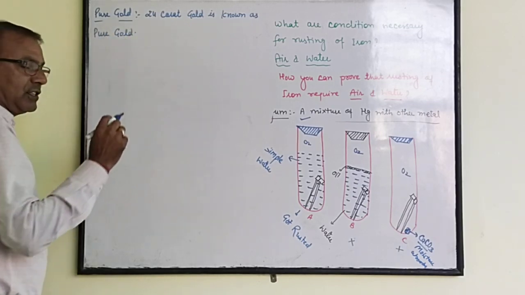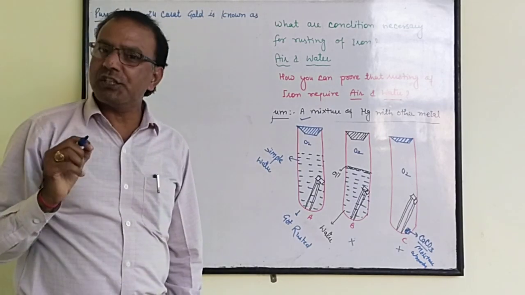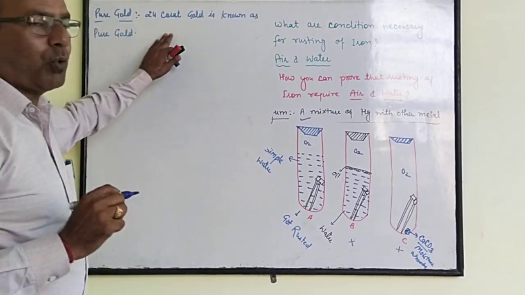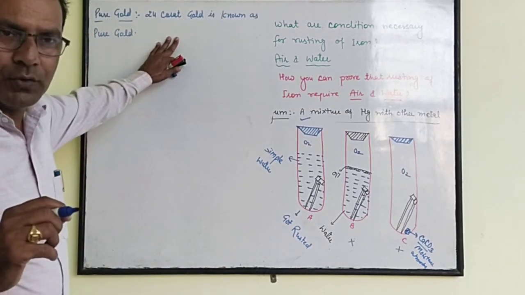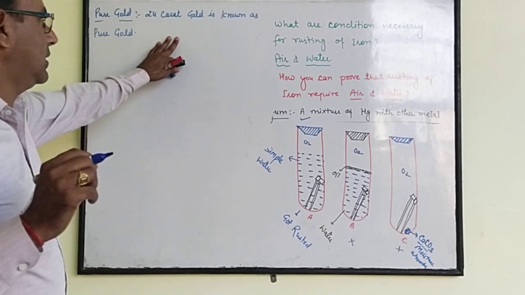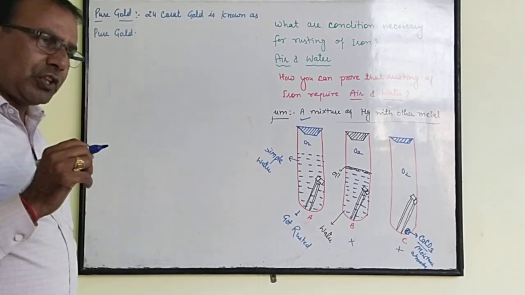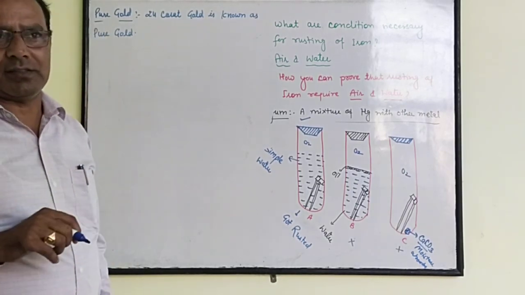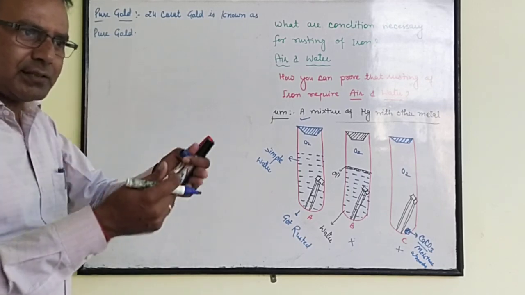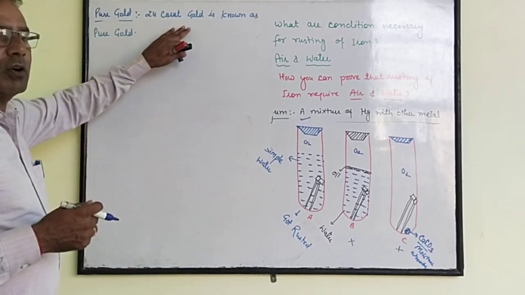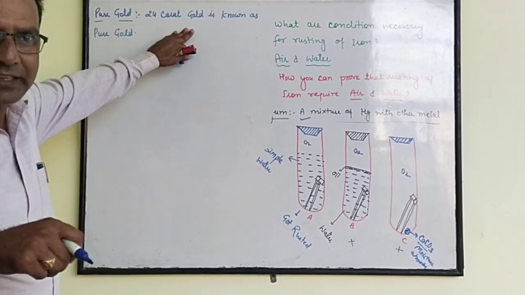But this gold is not utilized to make jewelry. Why? Because pure gold is so soft. We cannot make jewelry from this type of gold. So there is a need to mix some other metals. While we mix other metal into the gold, its purity decreases.